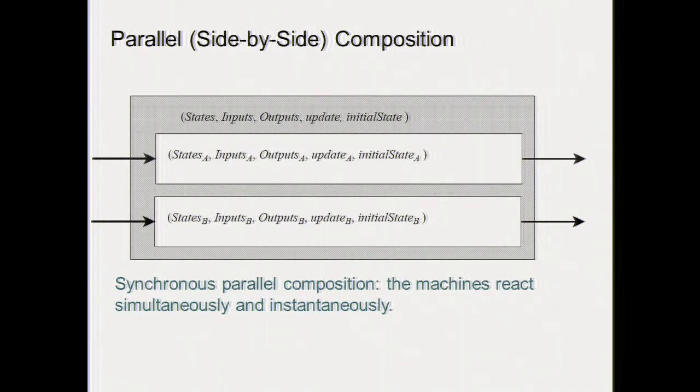Now, there are different ways in which you compose a finite state machine. Since everything happens in lockstep in the synchronous reactive model, the most used way of combining things is called the synchronous parallel composition. So, parallel composition. Now, in your book, it says side-by-side composition, right? And why do we say side-by-side composition in the book? Because with parallel, you always think about, like in circuits, when you have a resistor or capacitor in parallel.